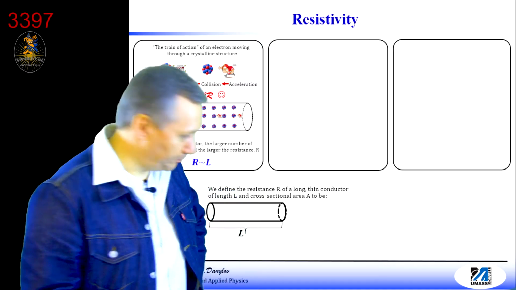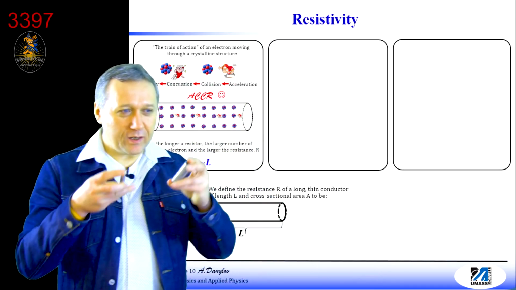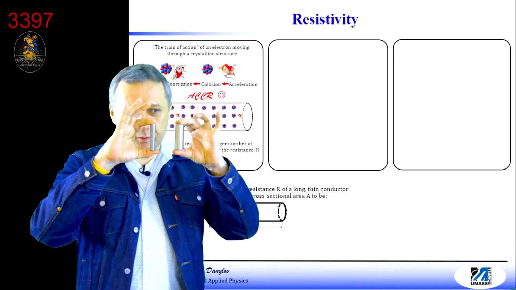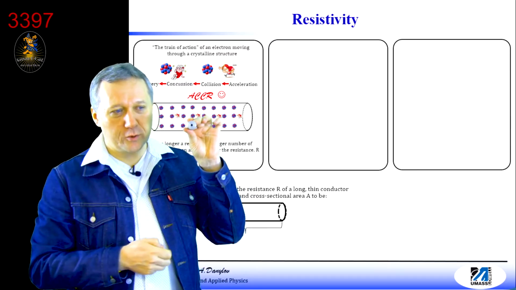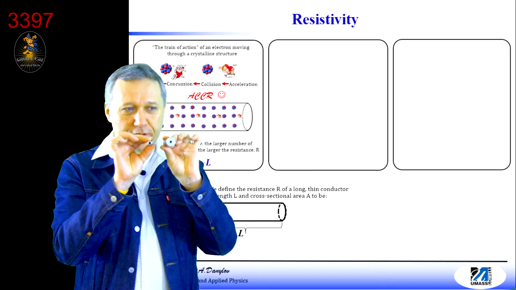Now, the second part. What if I have these two conductors, which of course are going to have some amount of resistance? You see, they are of the same length, but this one has a reasonably large cross-sectional area, and this one has a small cross-sectional area.